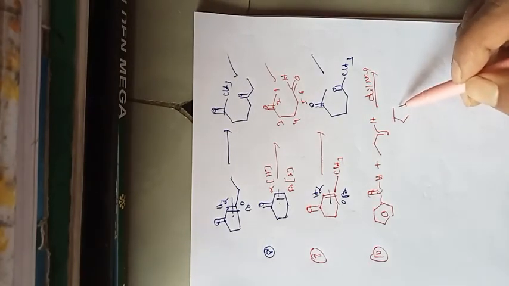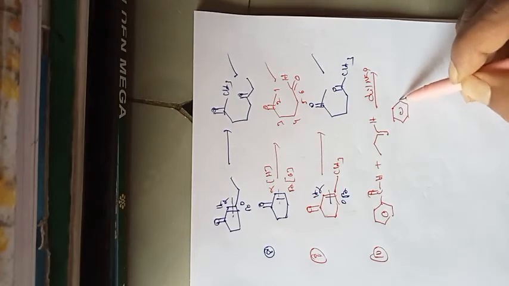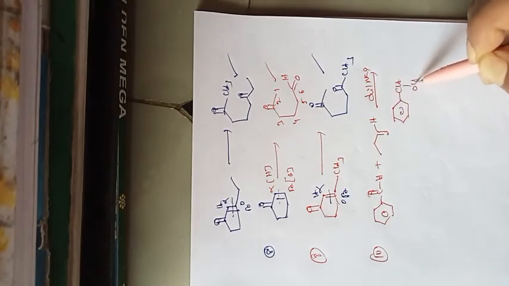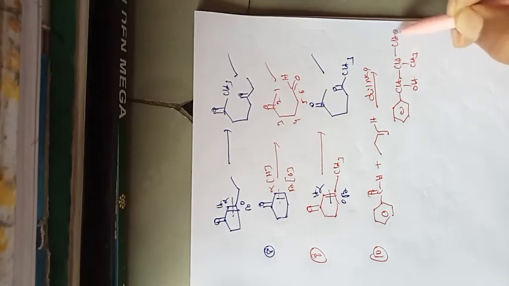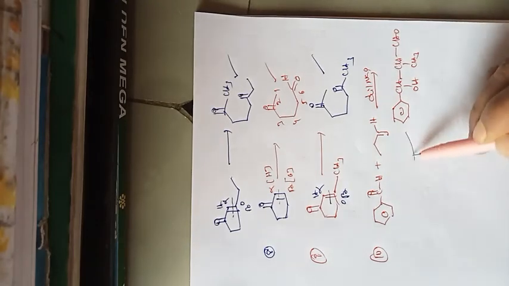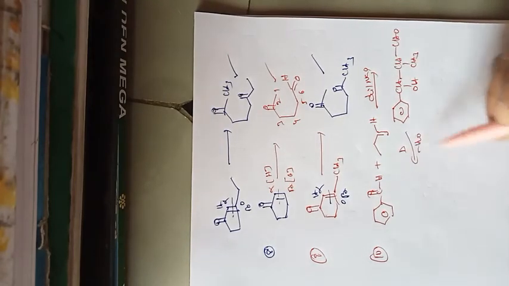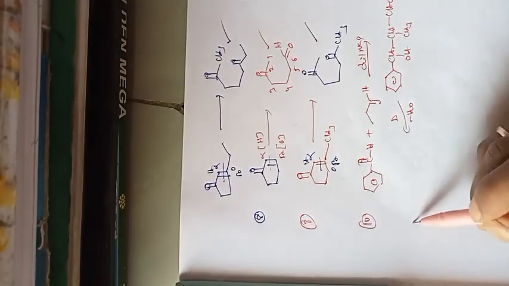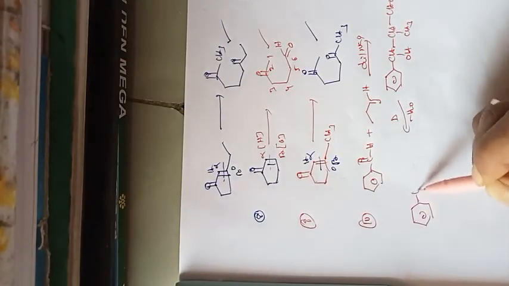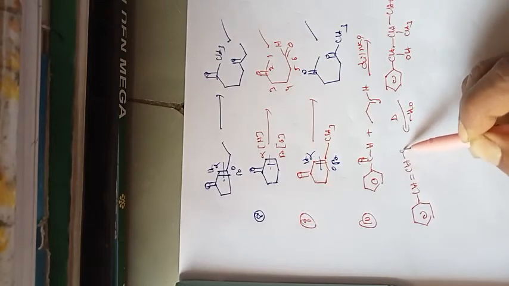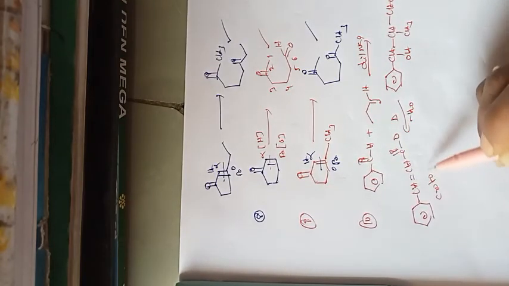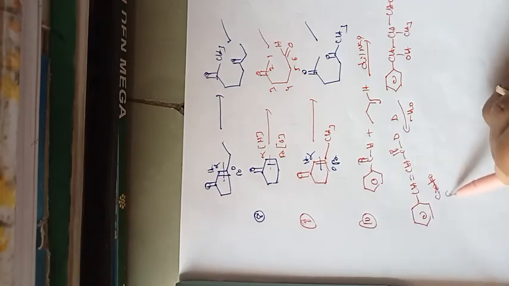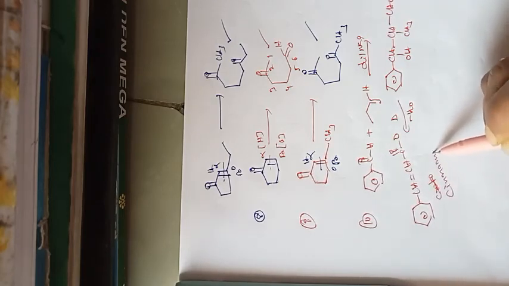The product is CHOH, CH3 and CHO, and on further heating it loses a water molecule and produces benzene with alpha beta unsaturated CHO. So this is called cinnamaldehyde.